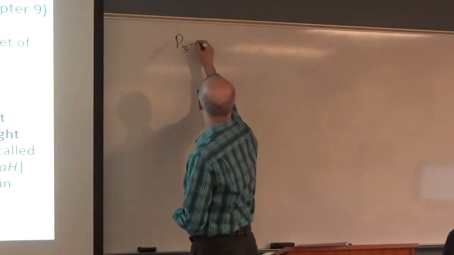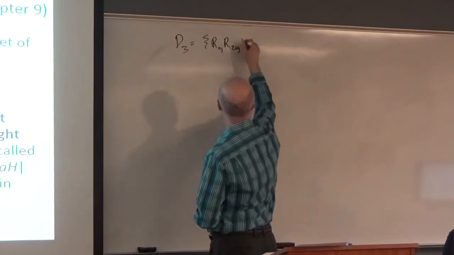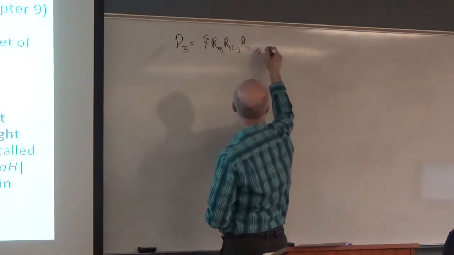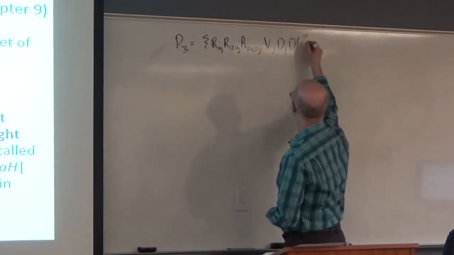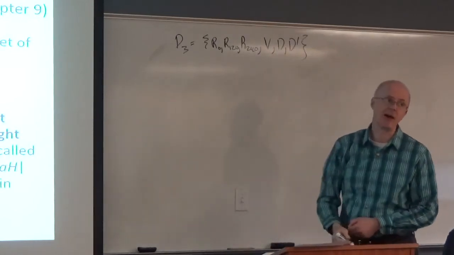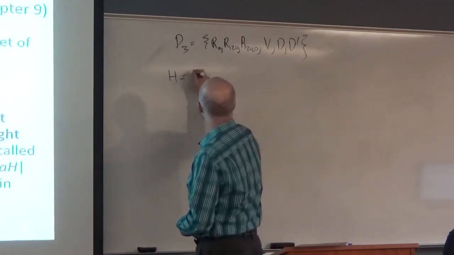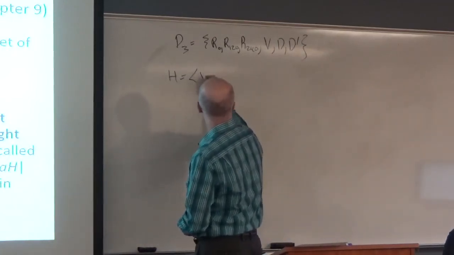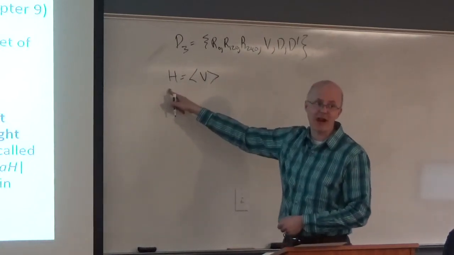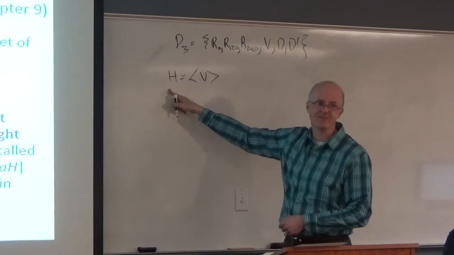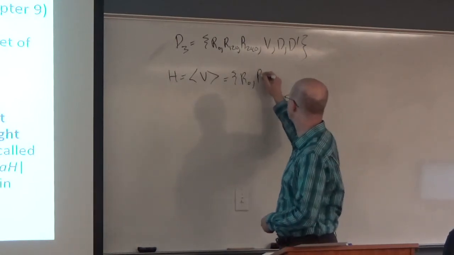Let's take H to be the subgroup generated by V. Don't get confused here. H is not a reflection. H is the cyclic subgroup generated by V. It's the set consisting of these two elements.